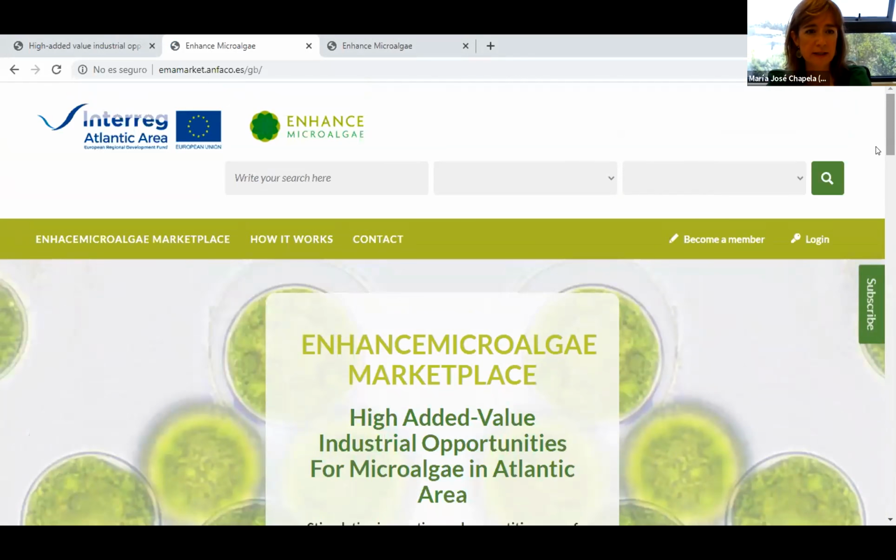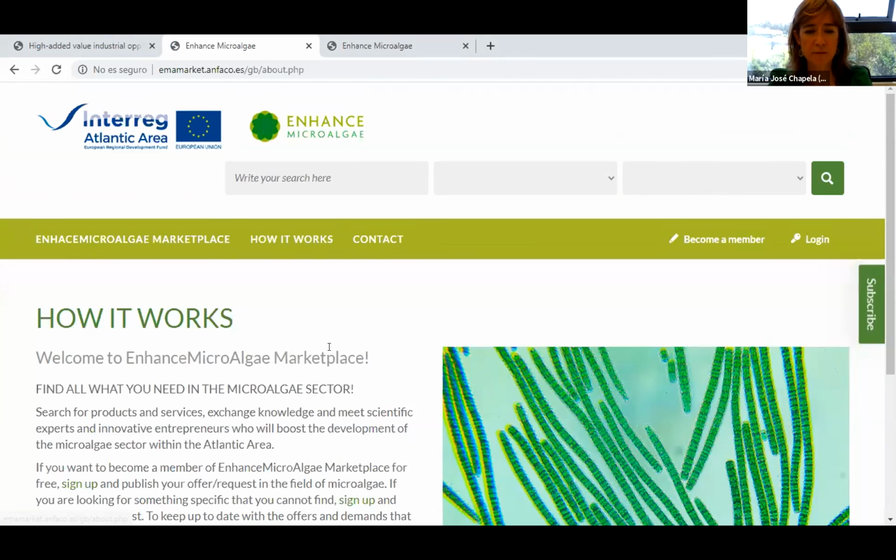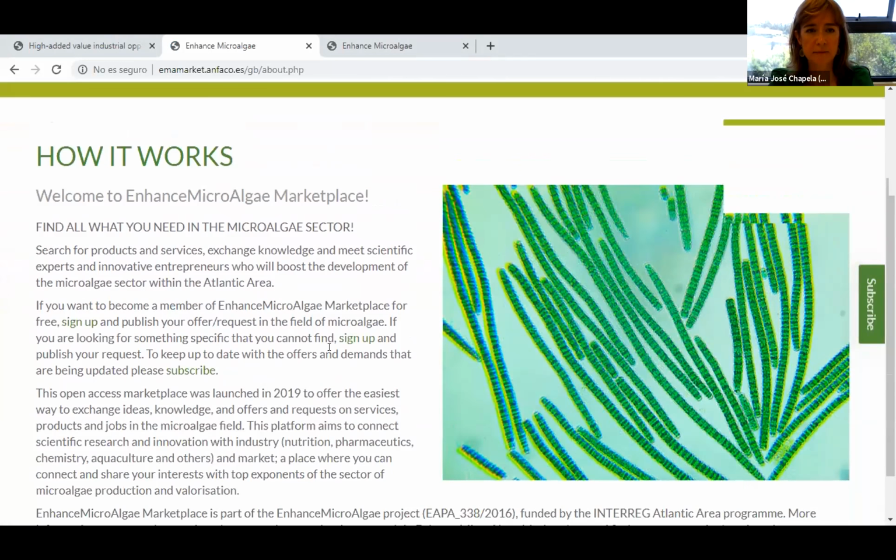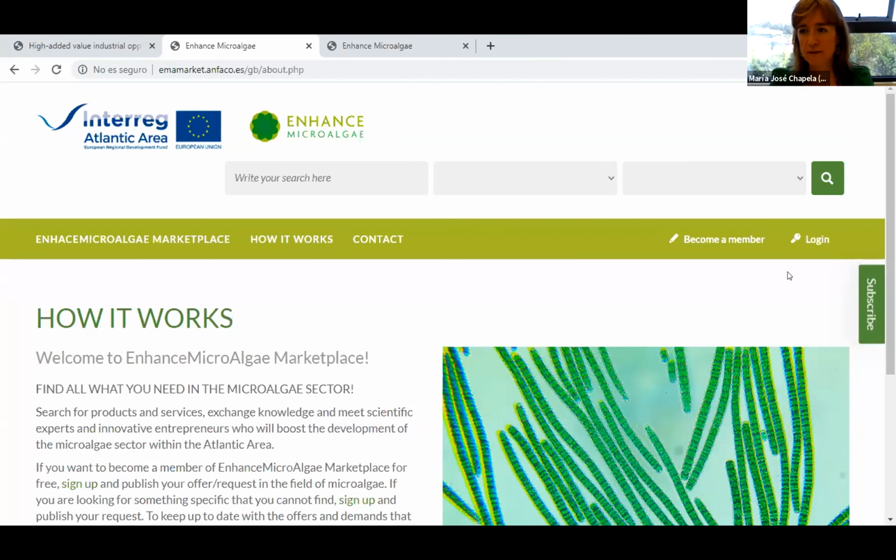You see here in the upper part of the screen, you have a small explanation about how the marketplace works. Also, on the right part of the screen, you can become a member for free.